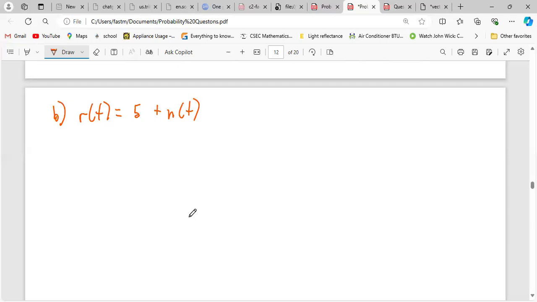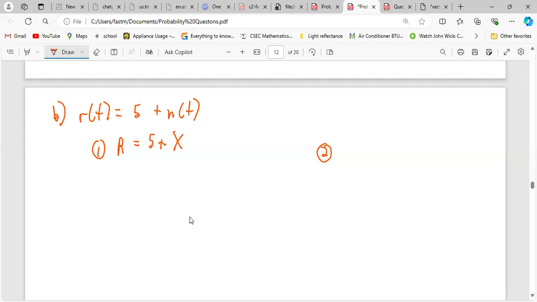We need two things: we need the mean and we need the variance. That will never change. So R of T, we can just write as R for now, because we don't want to write R at T too much. R is 5 plus X, and we can let N at T just be X.